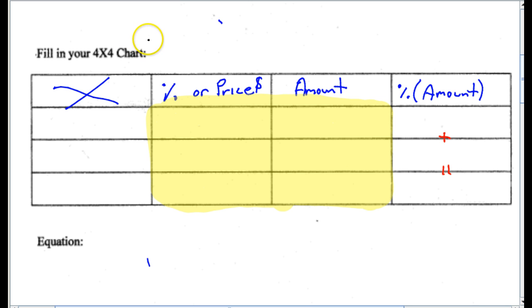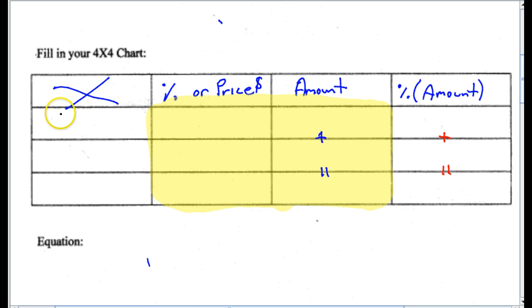I know that the amounts will always add up, okay? But the percentages will not. Okay? 50% mixed with 50% equals 50%. You haven't changed any of the concentration levels, so your total will not be different.